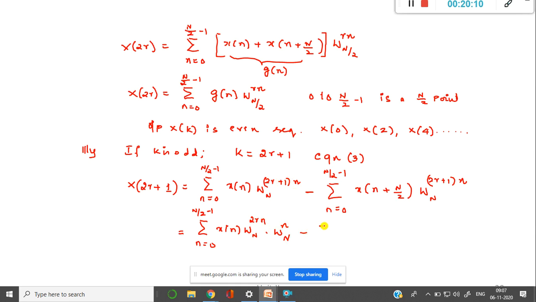Similarly, minus summation n runs from 0 to N by 2 minus 1, x of n plus N by 2. Here also W_N to the power of 2rn into W_N to the power of small n, right? So here I try to represent this as an N by 2 point DFT, because it is W_N to the power of 2rn. I take the 2 below the N here, and here also I take this as an N by 2 point DFT.